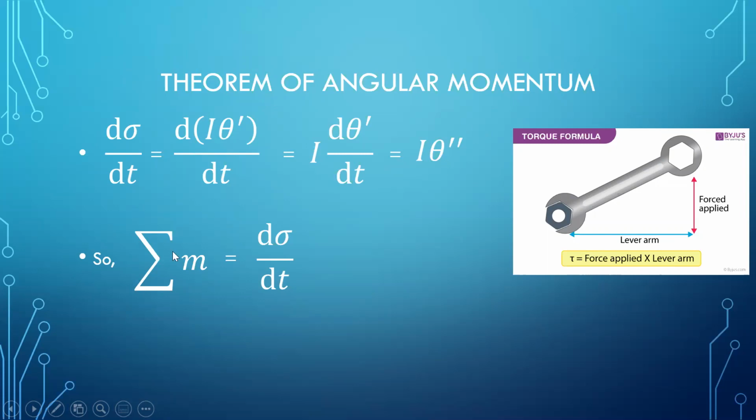And so the summation of the moments right here is equal to I theta double prime. It is worth noting that here we take the moment of inertia outside of the first derivative because we consider it to be a constant.